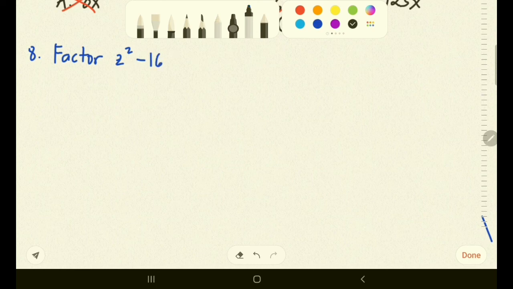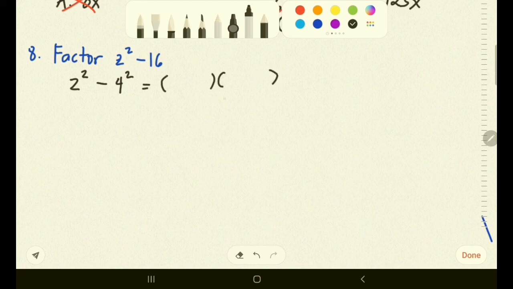Okay, this is very clear. This is a difference of two squares. So let us express each to the power of 2. 16 is 4 squared.